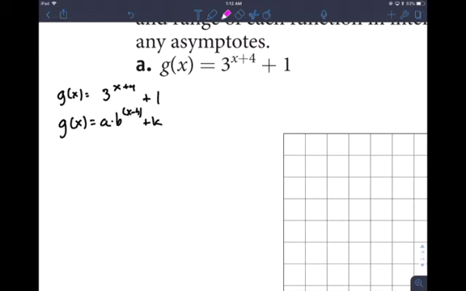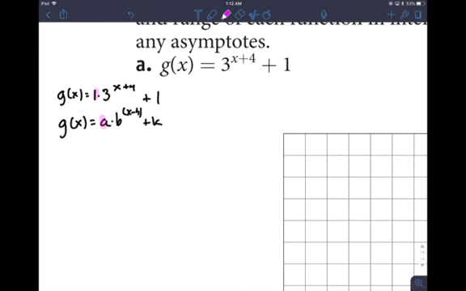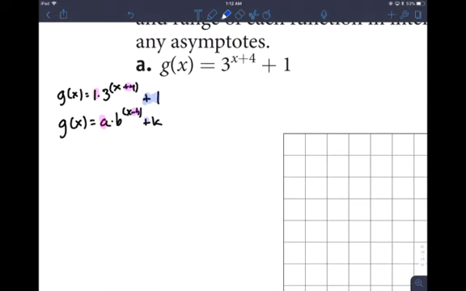And again, compare the functions. A is the number right here. If we don't see that, what number is that? It's an invisible 1. Got to put this in parentheses just to be consistent. Then I see that this is h. And lastly, I see that this is k.